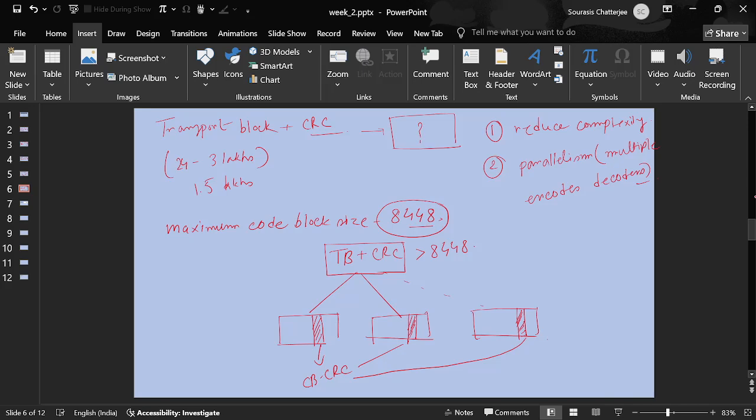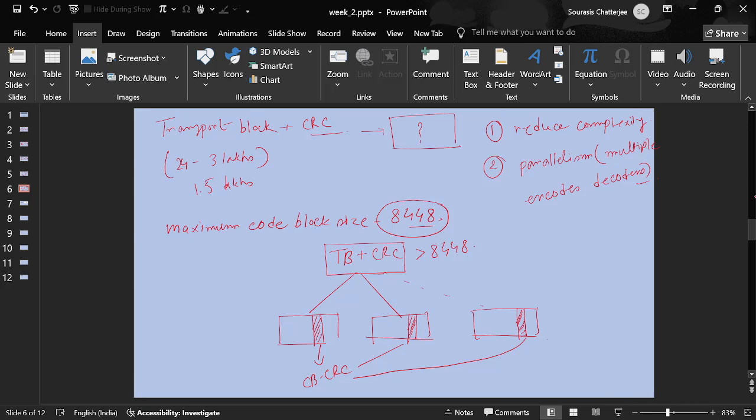And what is the additional benefit on top of that, of having those CRCs, CBCRCs and TBCRCs? Are those always generated using the same generator polynomial? There are different polynomials. And what is the benefit we can achieve from there?